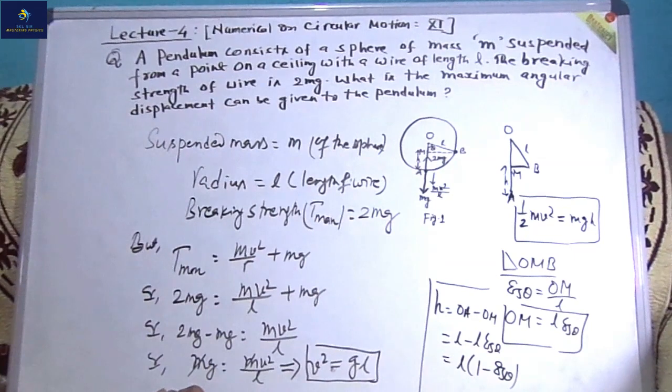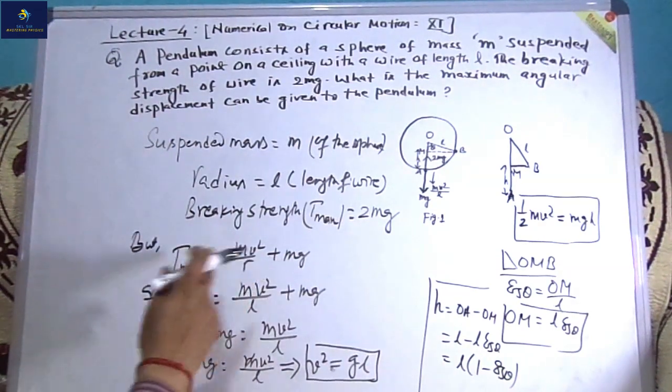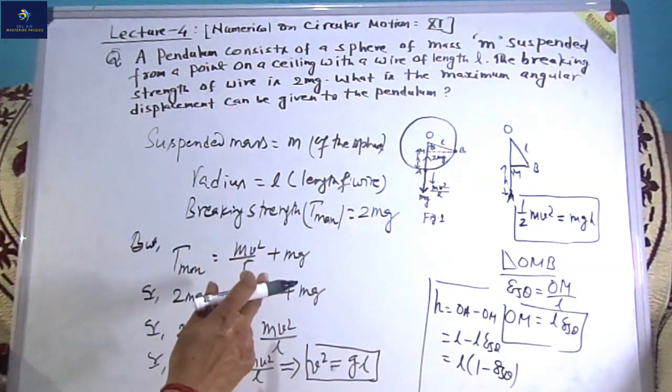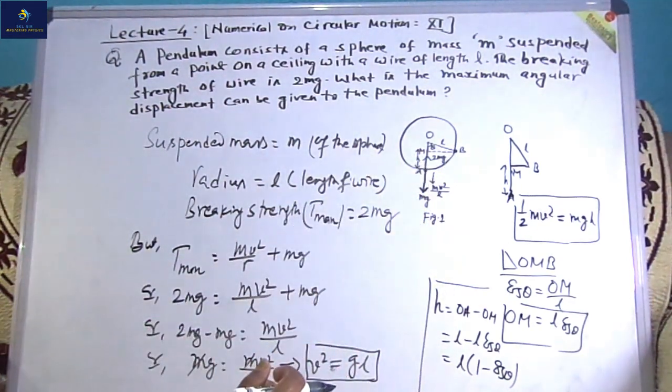It is clear. So v square is equal to gL by the help of the concept of maximum tension or breaking strength at the lowest point of this sphere.